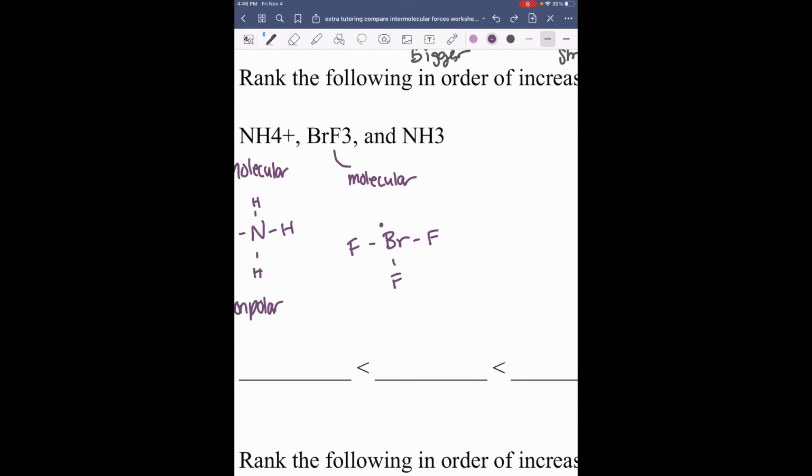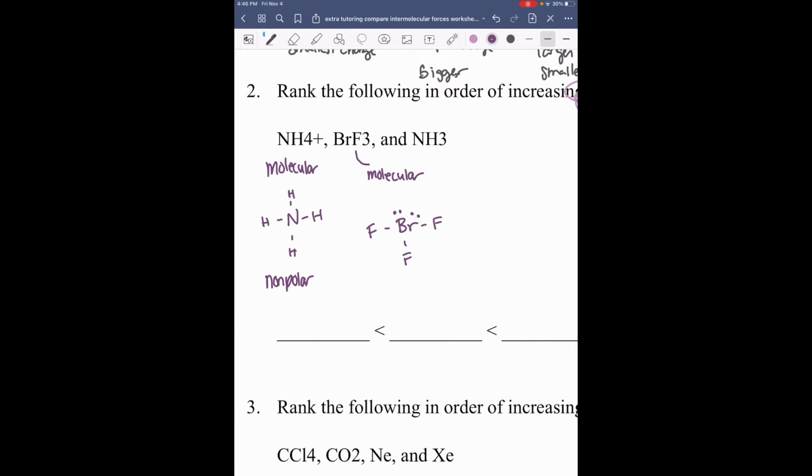So we want it to look like this to get its formal charge to be 0, because it'd have 1, 2, 3, 4, 5, 6, 7. So this is a polar molecule because we have a lone pair on the central atom.